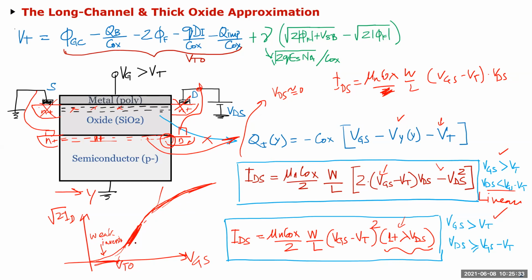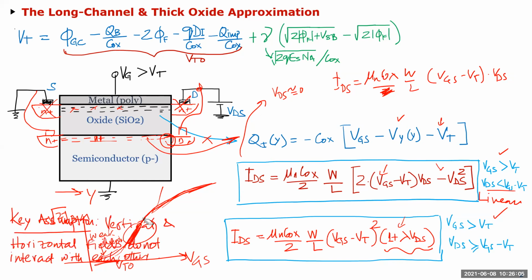For shorter and shorter channels and shorter technology nodes, like when you get to 65 nanometer, 45 nanometer, 28 nanometer, this deviation becomes more and more prominent, and you don't even have this region anymore. So your equations are much more off than what you would get in 250, 350 nanometer technologies.